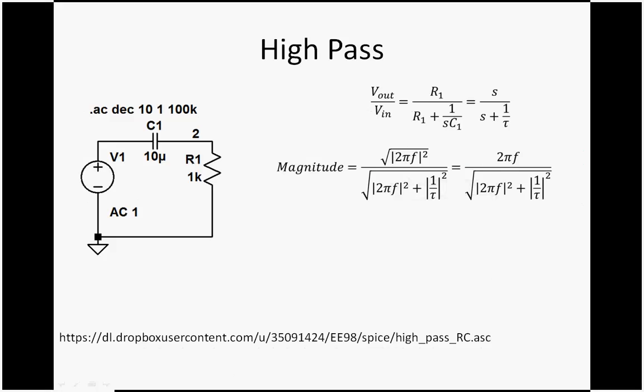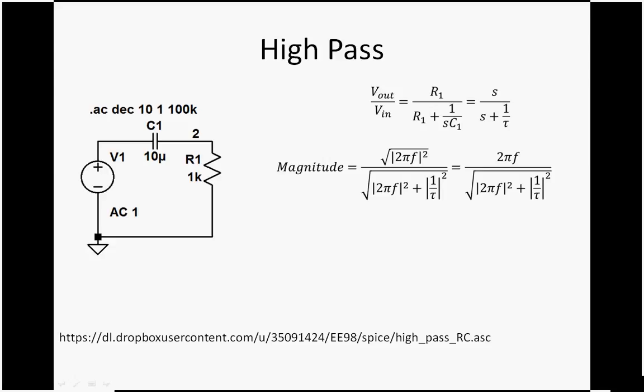Now let's look at the high pass filter. We've just swapped these. It's a voltage divider again, except now the impedance of C1 still gets smaller with frequency. That means with frequency V2 rises. And we can see that in the derivation of the transfer function.